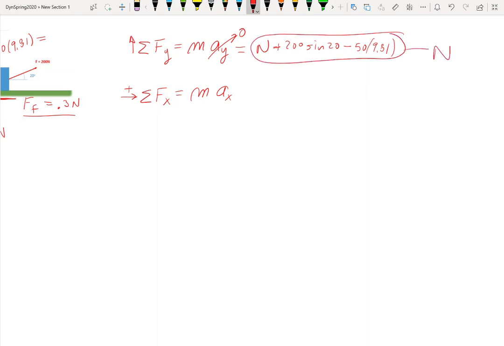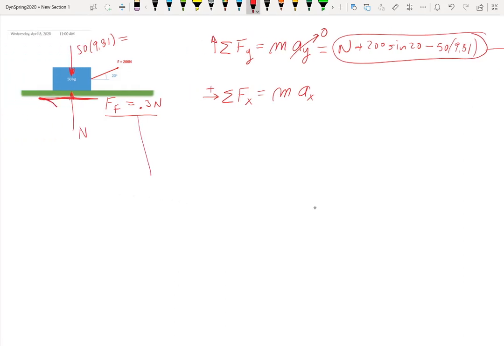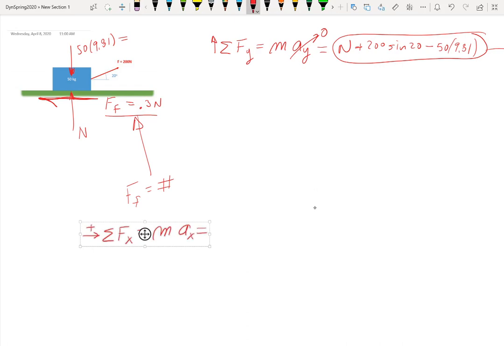From this, I can find my normal force. I can take that, put it in here, so I'll actually have a number for this. And so the next thing I can do is sum the forces in the x direction.